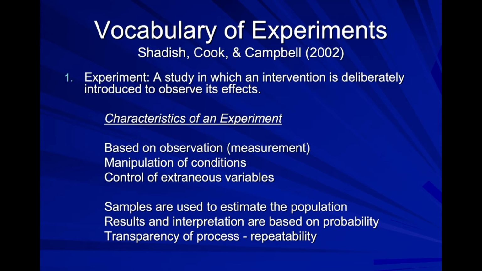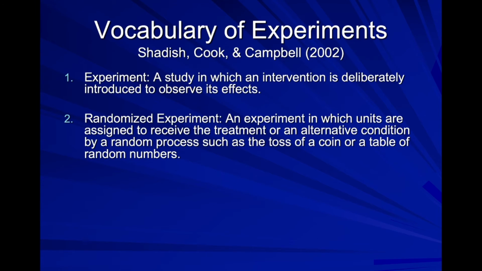Another more specified type of experiment is a randomized experiment. This is an experiment in which units are assigned to receive the treatment or an alternative condition by a random process, such as tossing a coin or going through a computerized randomization process.